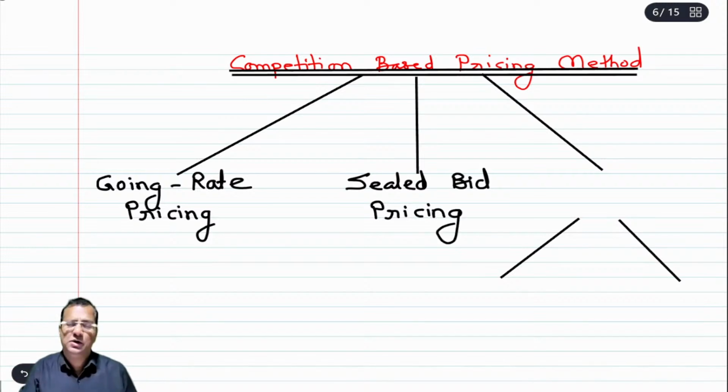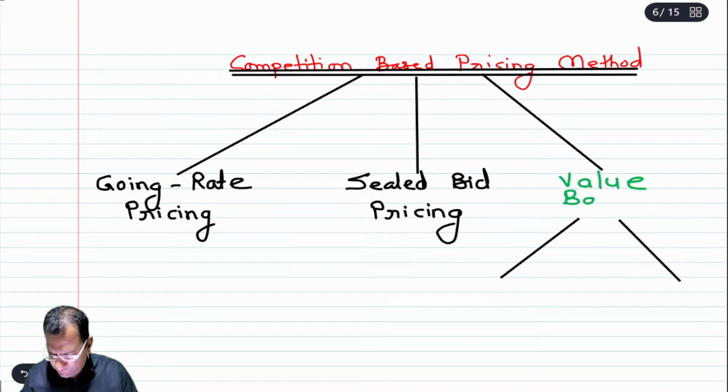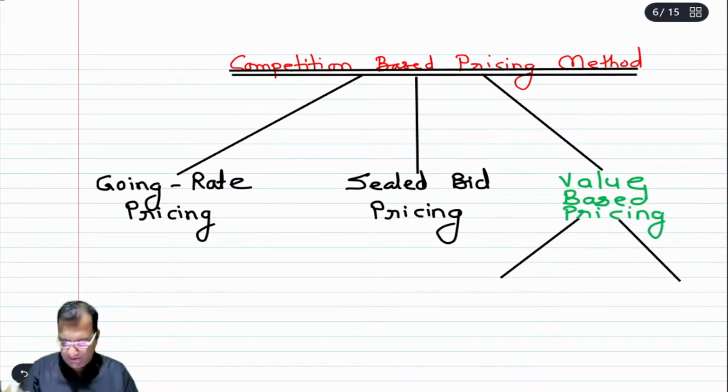The third and most important one is value-based pricing, in which we have two methods.